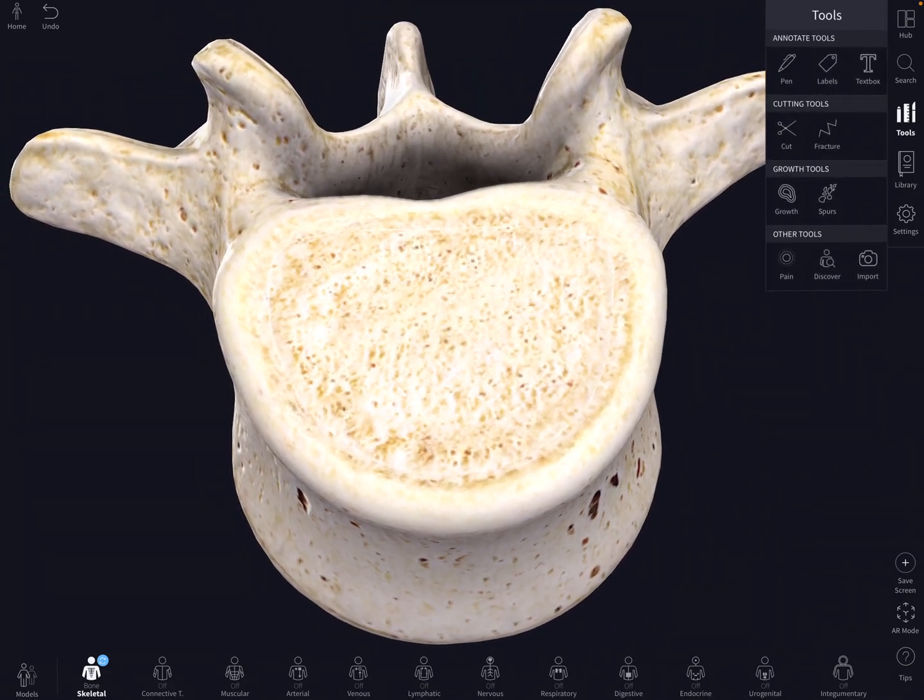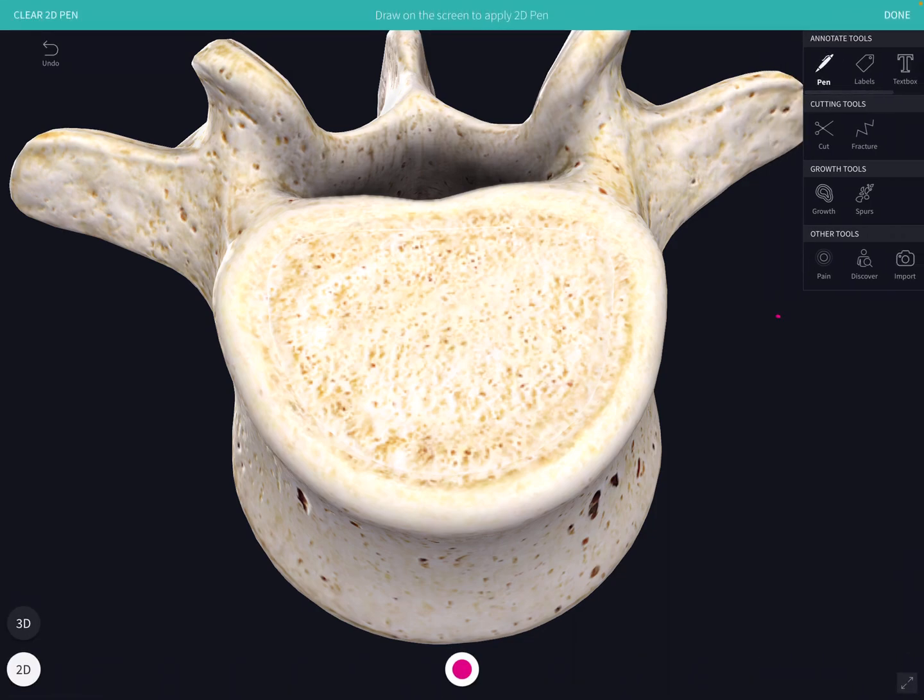So again, let's pick up our pen so we can draw. We've got the body here. We've got the pedicle here. So this chunk of bone here is the pedicle, arising from the junction of the posterior and lateral sides of the body.